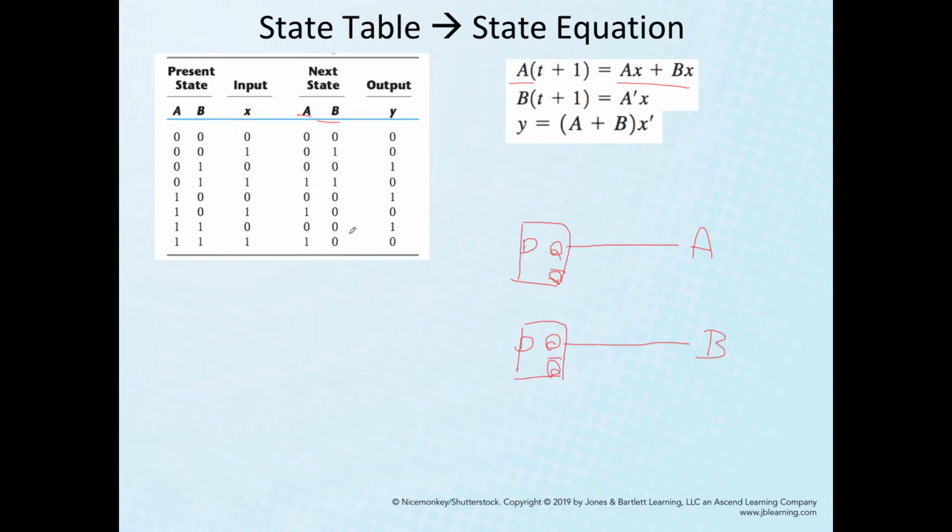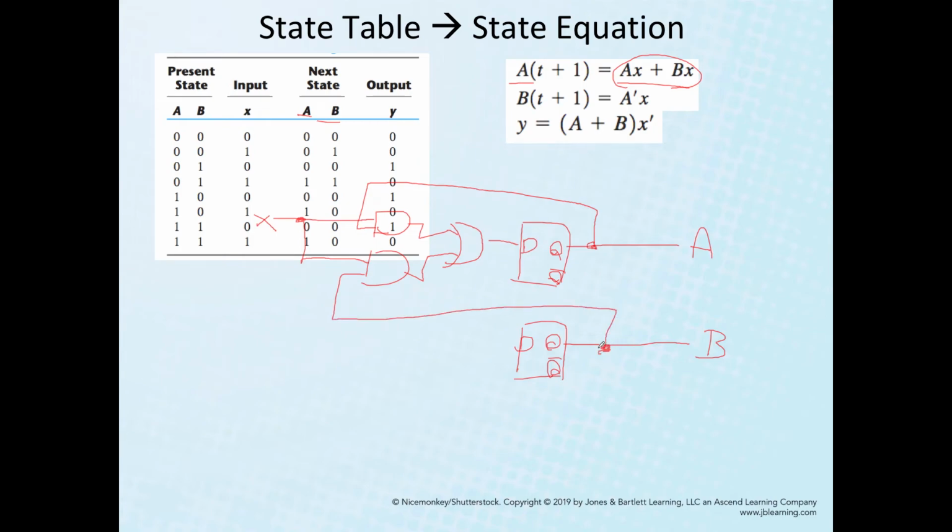So if we have X input here, an OR gate first, then two AND gates, with X input here and another X input here. Then these two AND gates are provided, this one gets from A, and this one gets from B there.